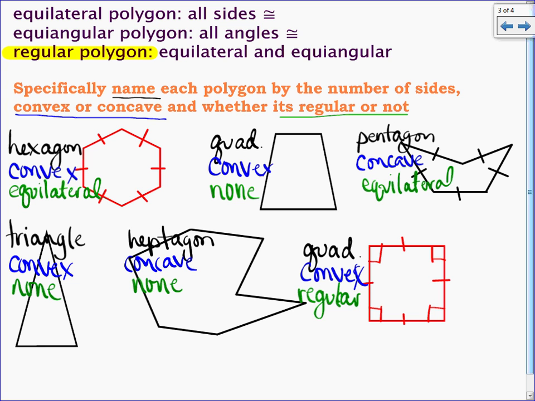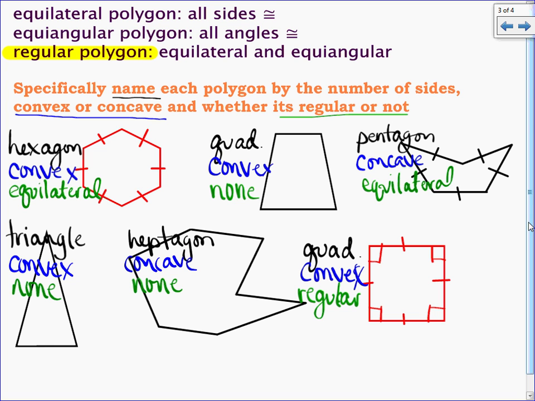Now, regular is also one of the words that we have written on our whiteboard that's here all year long. Okay, it's the last one on the list. One of the words we're going to see all year, and you're going to need to remember that regular means all equal sides and all equal angles. Now, just like we've done so far in Chapter 1, they're going to link this to algebra, and here is how.